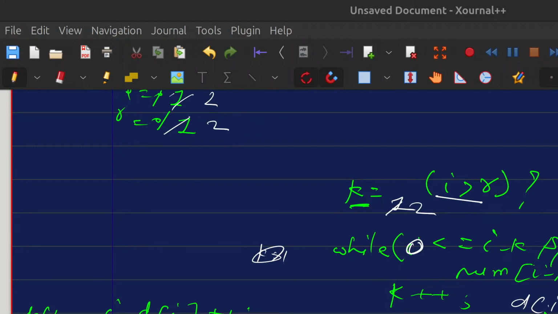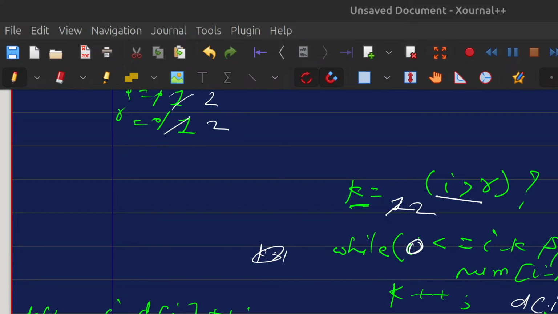And while 0 is less than or equal to I minus k minus 1 and I plus k is less than n and nums of I minus k minus 1 is equal to nums of I plus k, till then we do k plus plus, then d2 of I equal to k, right?